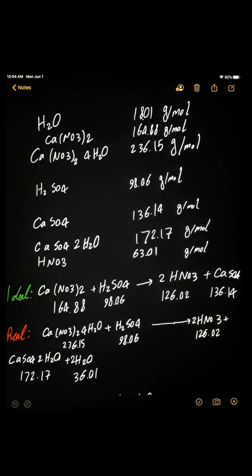I've been looking into a couple of different methods of making nitric acid at home, and the easiest way to go about this is to get some calcium nitrate, mix it with sulfuric acid, and get nitric acid and calcium sulfate, which is not very water soluble, and it's going to precipitate.